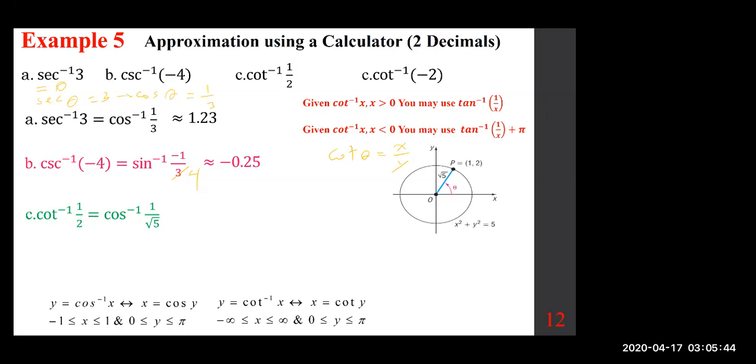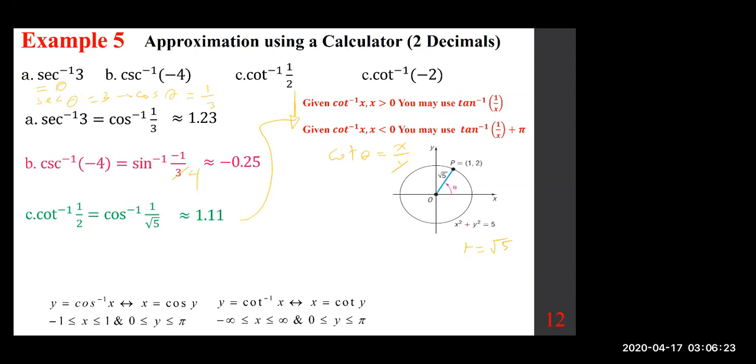So x is 1, y is 2, and r squared is 5, so r is square root of 5. And so with that being the case, it's cosine inverse of 1 over square root of 5. I hope everybody can see why. It's 1.1.